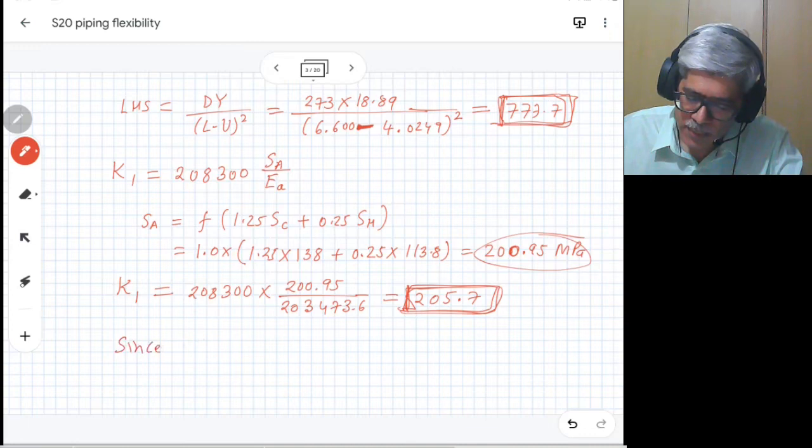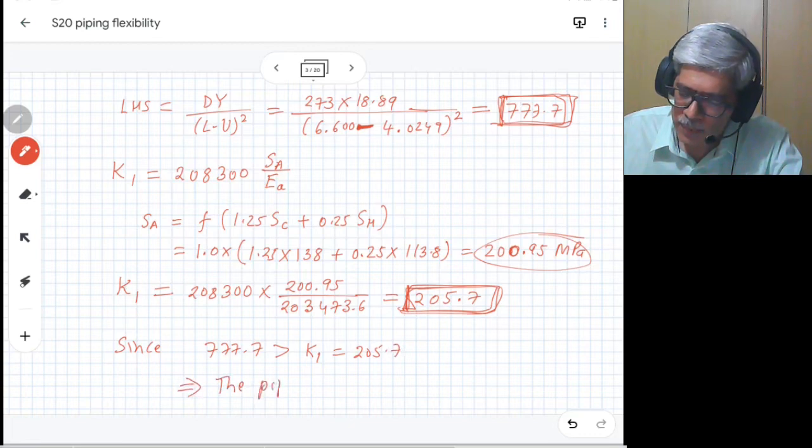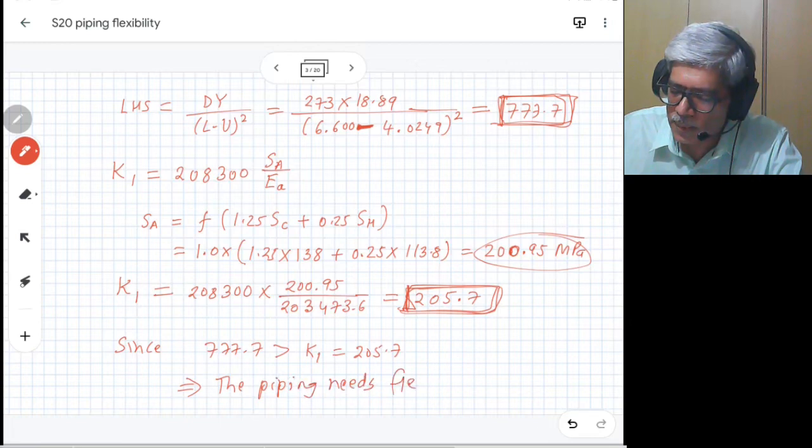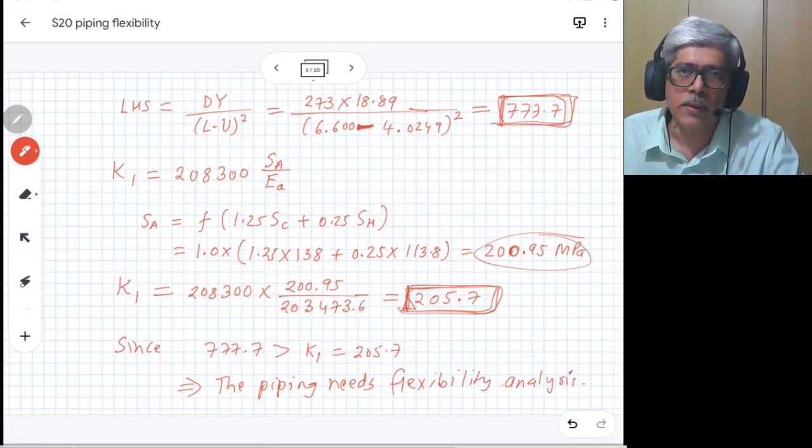So since 777.7 is greater than K1, which is 205.7, this implies the piping needs flexibility analysis. So that is how this calculation would be done.